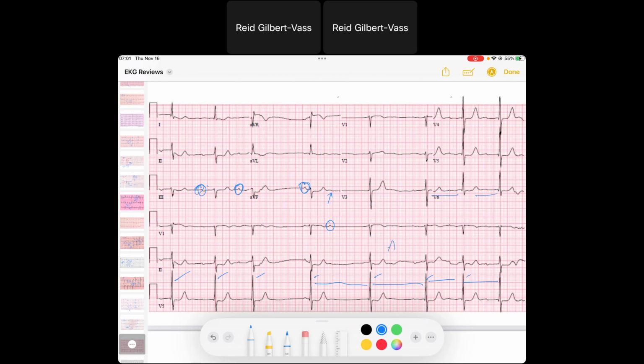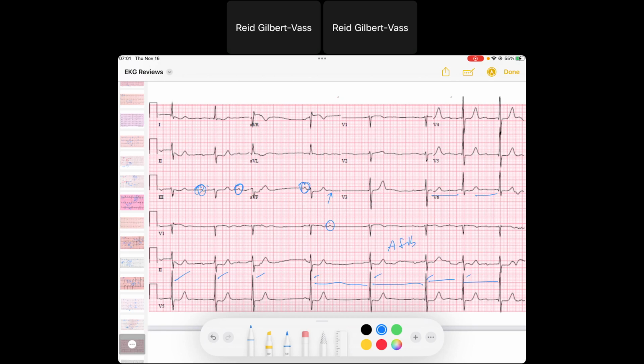I personally would call this AFib. What I would do is get a longer rhythm strip to determine what this person's rhythm looks like, if they're in AFib, or if there's maybe a more predictable pattern.